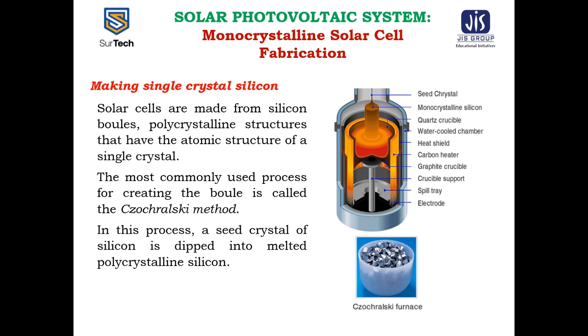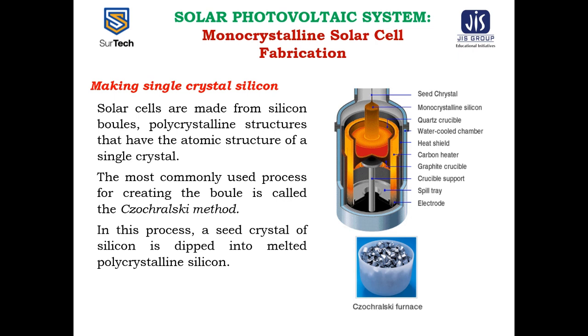Here this is the Czochralski furnace where the polycrystalline silicons are there. Now it is placed into this chamber. Here this is the electrode, this is the spill tray, this is the crucible support, here the crucible.